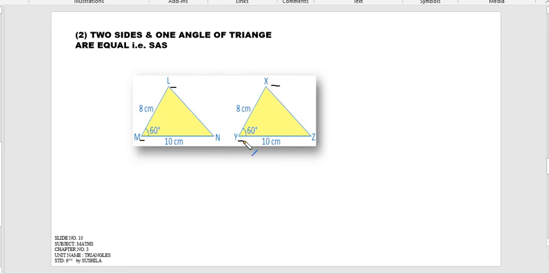XY of the other triangle. Similarly, LN is equal to XZ, and MN is equal to YZ. One side of the triangle is measured at 8 centimeter, here also 8 centimeter. MN is equal to 10 centimeter, YZ is equal to 10 centimeter. Angle M is 60 degree, angle Y is also 60 degree. It shows that one angle and two sides of both triangles are equal. So it is congruent.